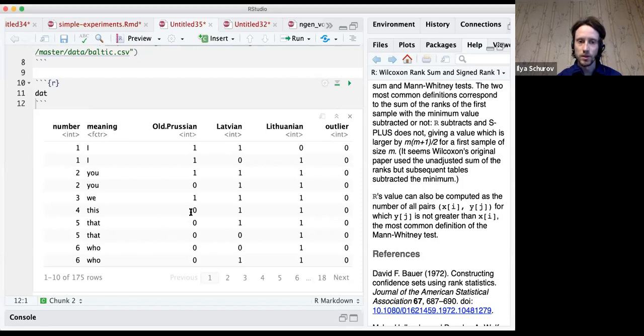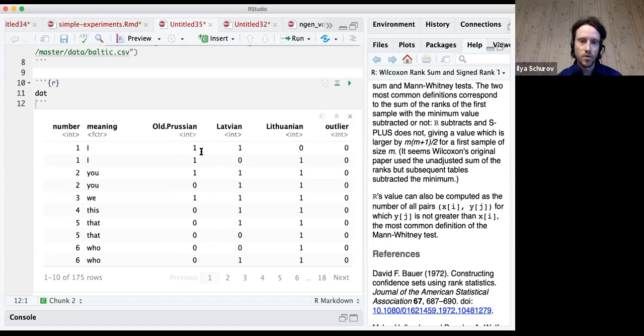So we can use this as a way to measure distances between languages. And actually, I will just consider these zeros and ones as some characteristics of these languages.